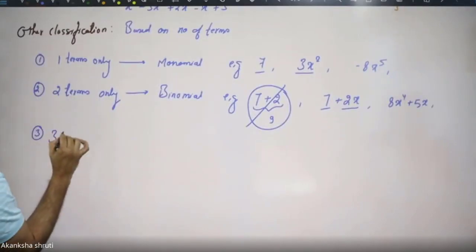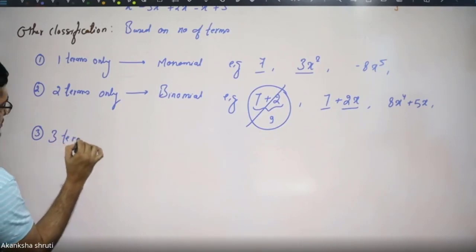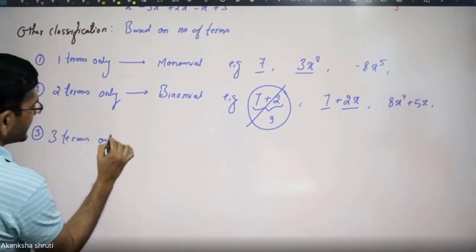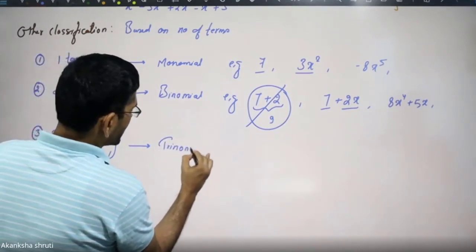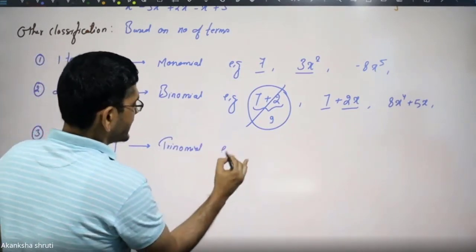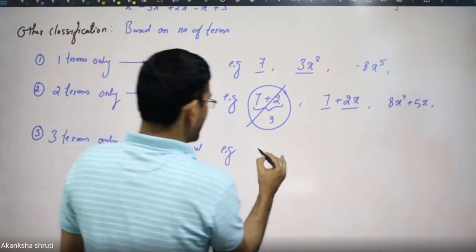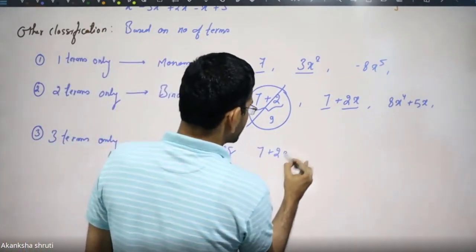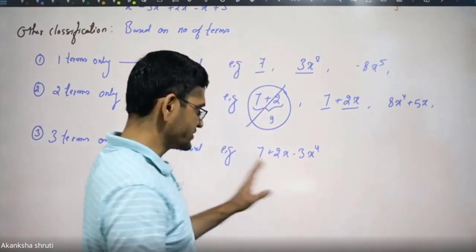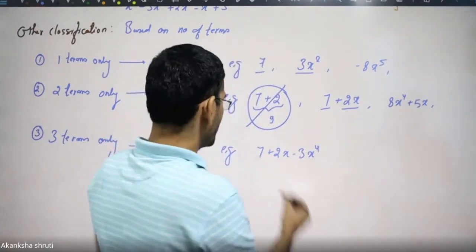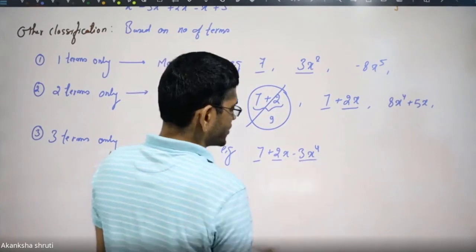If there are three kinds of terms only, then it is called a trinomial. Example, if I have 7 plus 2x minus 3x to the power 4, it doesn't matter what the degree is, but here one term, two terms and three terms are there.